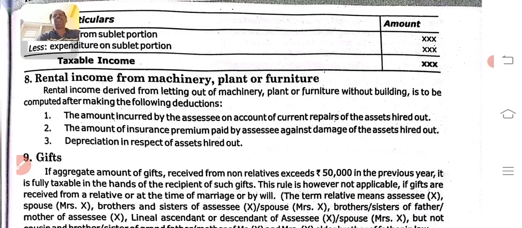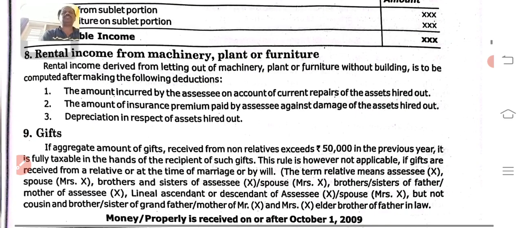The amount incurred by the assessee on account of current repairs of the assets hired out, the amount of insurance premium paid by the assessee against damages of the assets hired out, and depreciation in respect of assets. These three items are to be deducted.